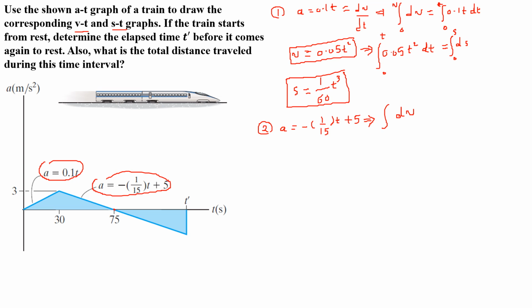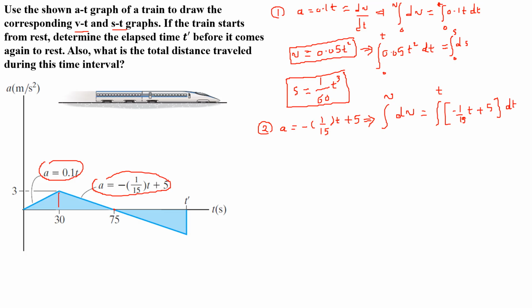So we have dv over dt equal to this, so it equals the integration of this function, negative 1 over 15 t plus 5 dt. Okay, now we'll integrate from some point here to v, because I want to find the function, and here from some time to any time within the second interval.